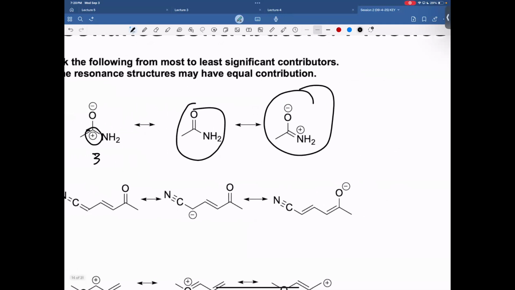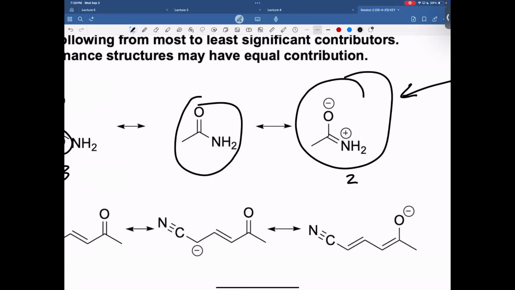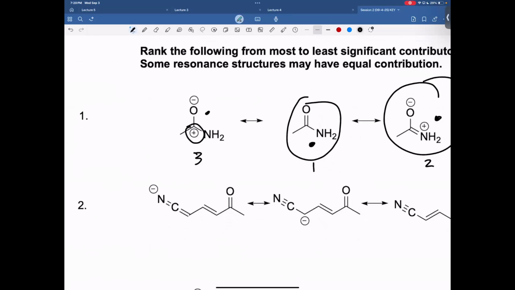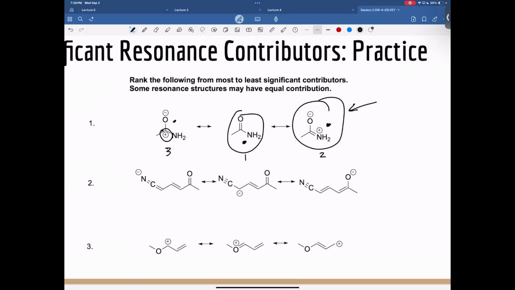We can already tell that this one has more charges, making it more unstable. So we can rank this 2, and then this automatically becomes 1. So this is second most significant, and this is the third. Does that make sense? Do you understand my thought process behind how to approach these problems?